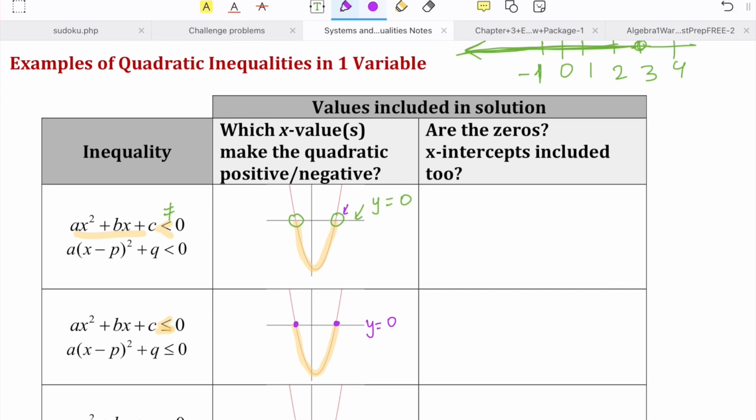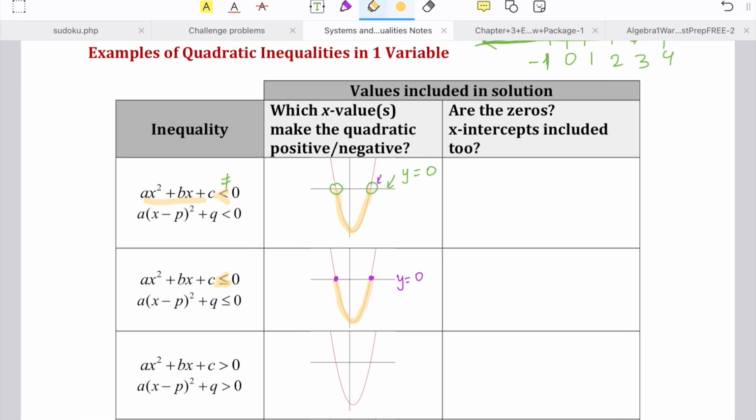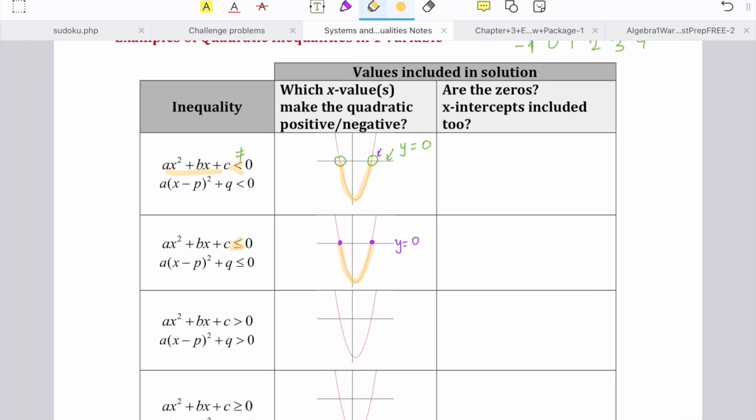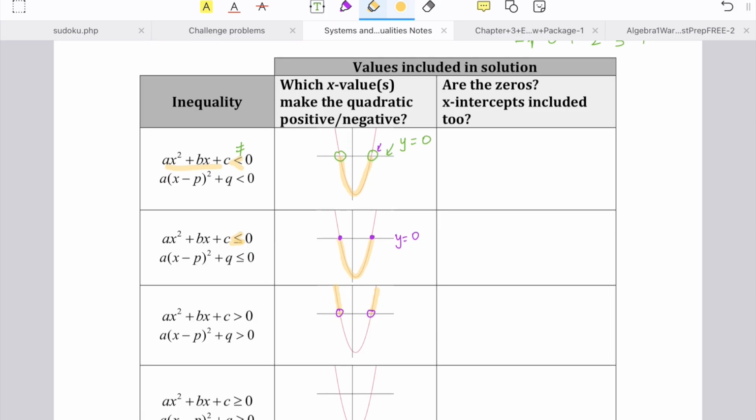Okay, let's do the next one. Try it yourself. It's greater than, so above. And will it be open circled or closed circled? Open, because it's not equal to again. Okay, it says equal to now, so it'll be these. Are the zeros, the x-intercepts, included?